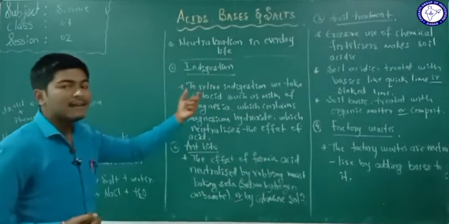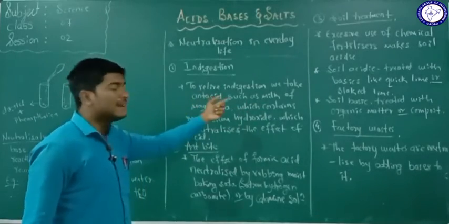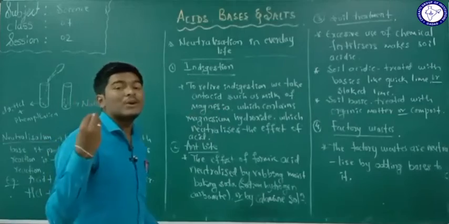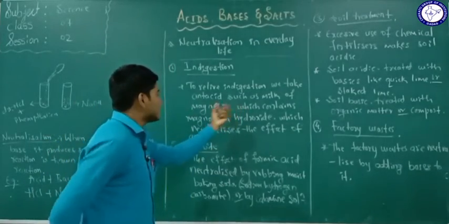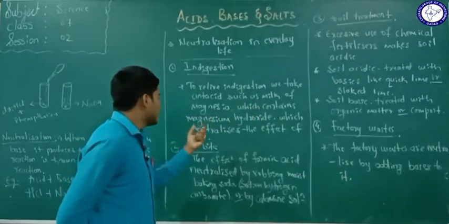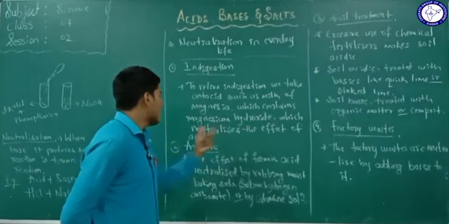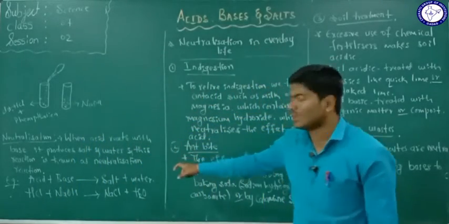So at that time, to get relief from indigestion, we take antacids such as milk of magnesia, which contains magnesium hydroxide, which neutralizes the effect of the acid. So it is one of the everyday uses of neutralization here.